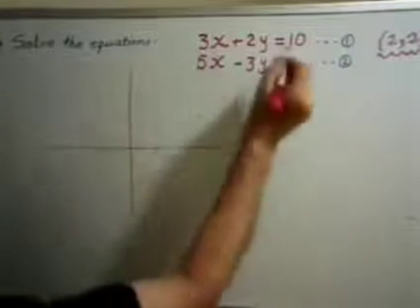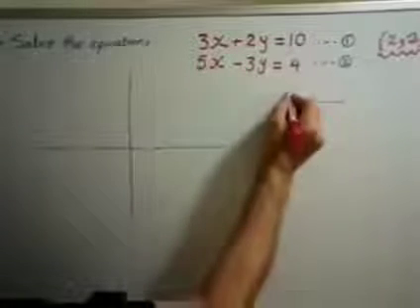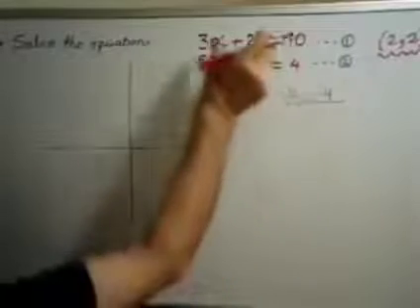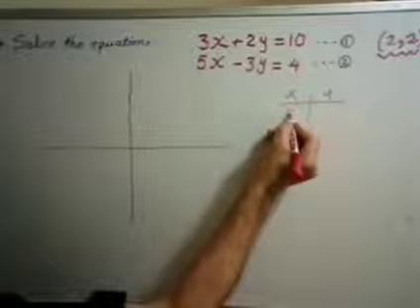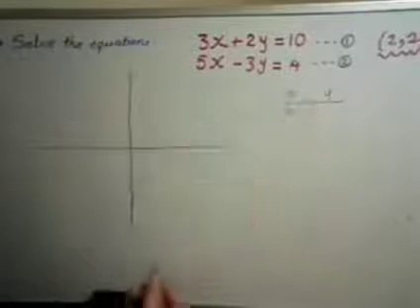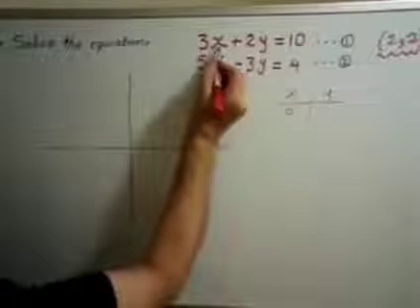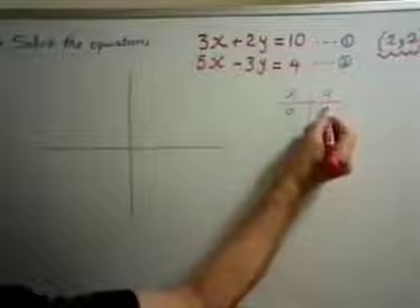This is the third method of solving these equations. Get the first equation and make a table like this. Values for x and y. To find 2 points on the first line, just get the intersection point with the y-axis by putting x is equal to 0 here. So 2y is equal 10, then y is equal 5.